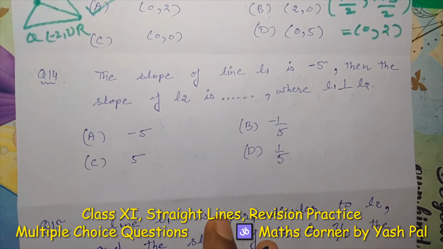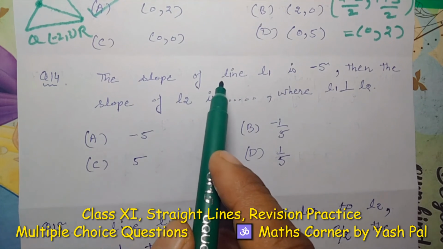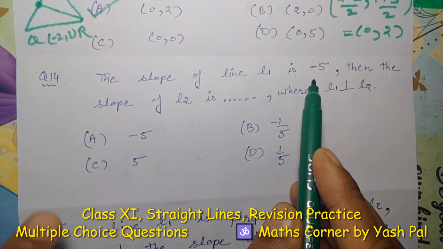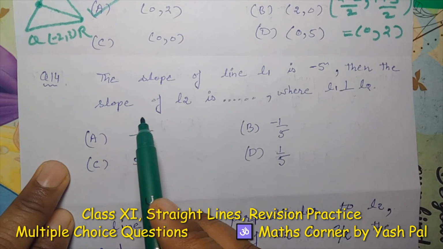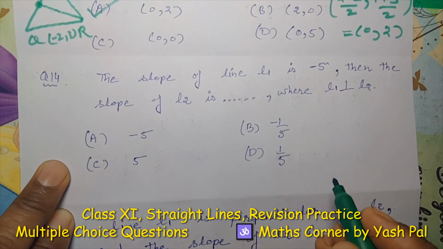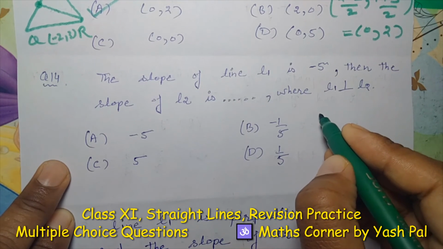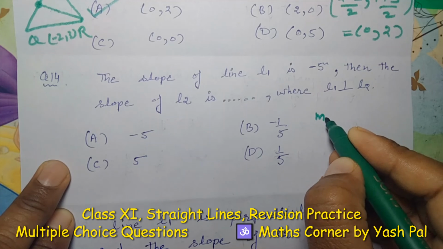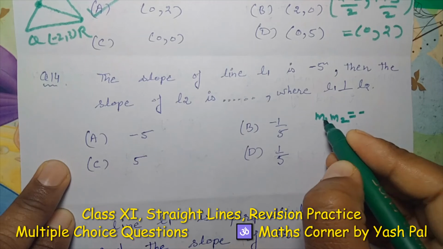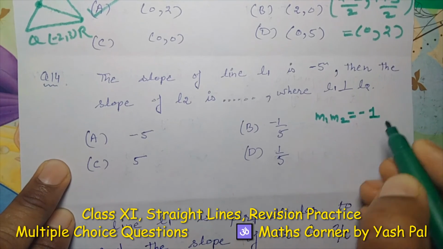Question number 14. The slope of the line L1 is minus 5. Then the slope of L2 is, where L1 is perpendicular to L2. We know that two lines having slopes M1 and M2 are perpendicular if the product of the slopes is minus 1.